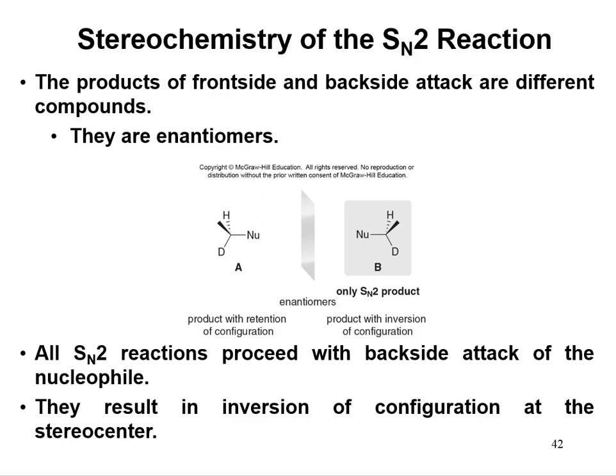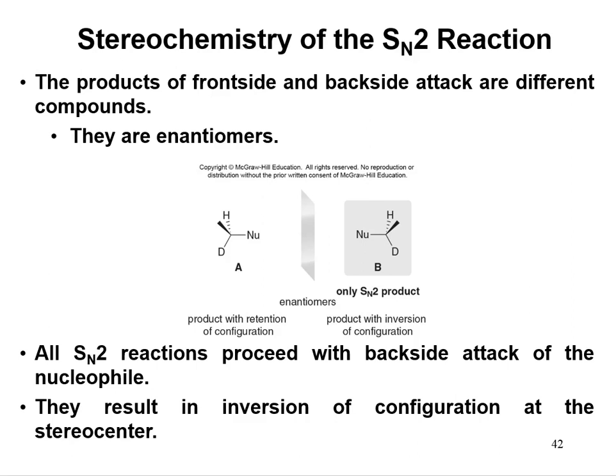You may have noticed that the approach of the nucleophile will give two different products, which are enantiomers of one another. There is a preference for SN2 reactions, and it is for the nucleophile to approach from the opposite side of the leaving group, called the back side. I want you to notice that when the nucleophile approaches from the back side, the product with the nucleophile attached will have an inversion of stereochemistry.